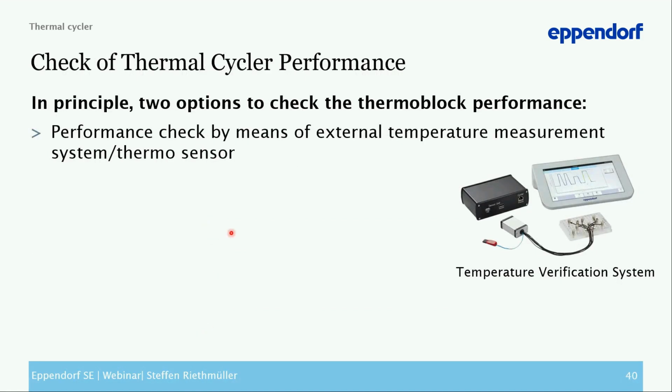Another important topic is that it makes total sense to perform a cycler check once per year. In principle, you have two options to do that. The first is to work with thermosensors, like for instance the temperature verification system.